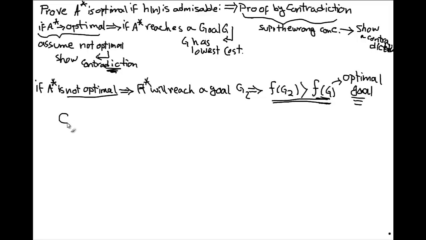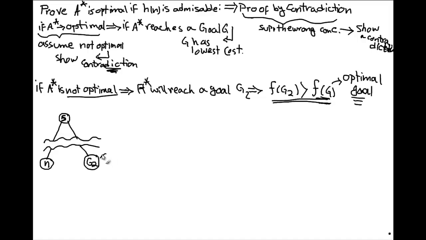So if I draw the picture of my A star search space, it starts from a starting node, and then it's going to expand a bunch of nodes. At some point, it's going to encounter in its fringe data structure, or its frontier, a suboptimal goal.